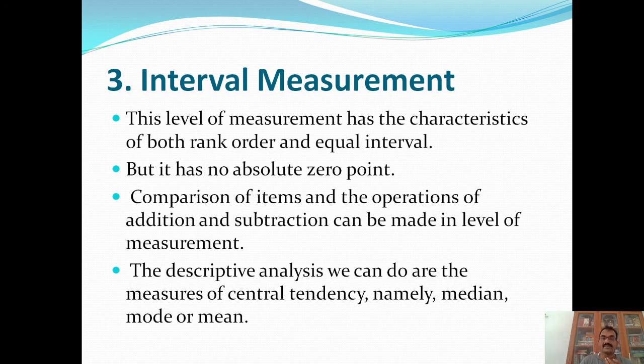Comparison of items and operations like addition and subtraction can be made in this level of measurement. The descriptive analysis we can do are the measures of central tendency, namely median, mode, or mean.